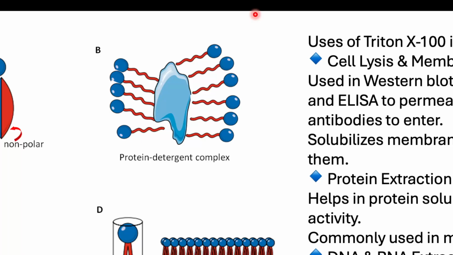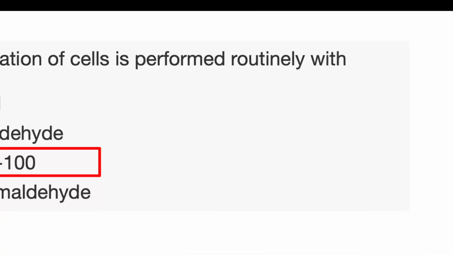Shanmuga is asking, sir, can you show the question again? Okay. The question was this: permeabilization of cells is performed routinely with dashed glycerol, glutaraldehyde, Triton X100, paraformaldehyde. Cell permeabilization is, of course, done by a detergent, which is Triton X100. Okay, is it clear? Can we move forward?